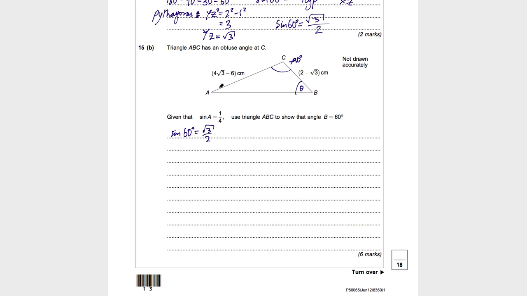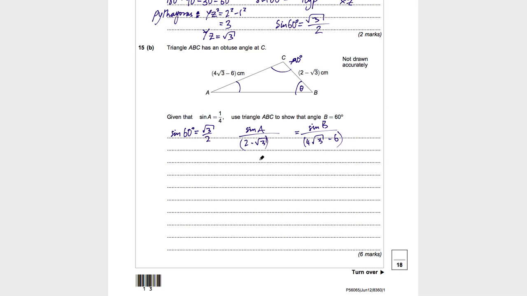So in this, sine A equals 1/4, so we're given information about that. What we can use here is the sine rule. So sine A over the opposite side, 2 minus √3, equals sine B over 4√3 minus 6.